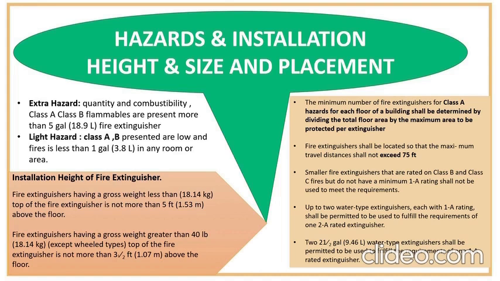And installation height of the fire extinguisher. A fire extinguisher having a gross weight of less than 18.14 kg, the top of the fire extinguisher is not more than 5 feet, which converts to 1.53 meter above the floor level.